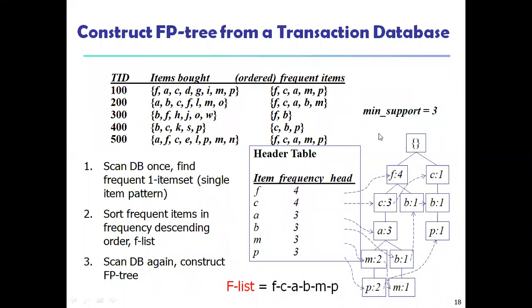Say for example, take down all the items that have been given, separately here. First we will go for this criteria: the minimum support count it has given us is 3. If you take F, it is taken in transaction 1, transaction 2, transaction 3, and transaction 5.